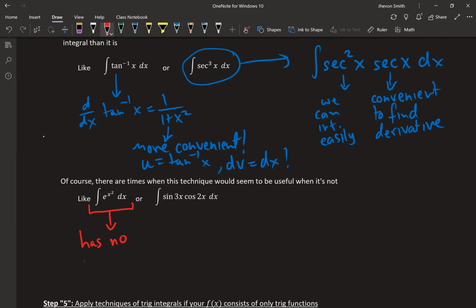This guy, for a Calc 2 student, is literally impossible to integrate. Right? In elementary functions anyway. So no technique that we learned is going to help you with that guy. And in fact, no technique that you're ever going to learn is going to help you with that guy.